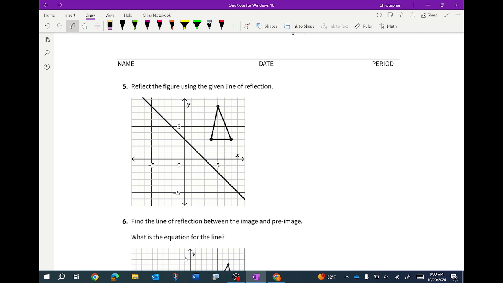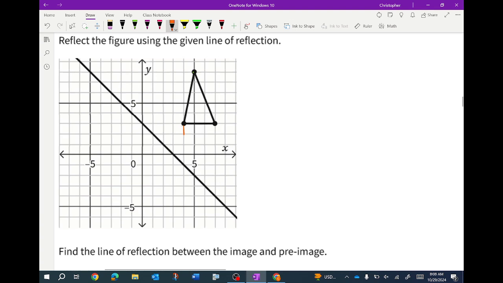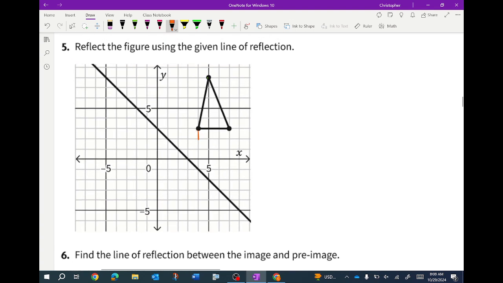For question number 5, in order to plot these reflection points, we have to be perpendicular to our line of reflection. So our line of reflection has a negative 1/1 slope. So our points need to have a positive 1/1, so we're just going to count steps.